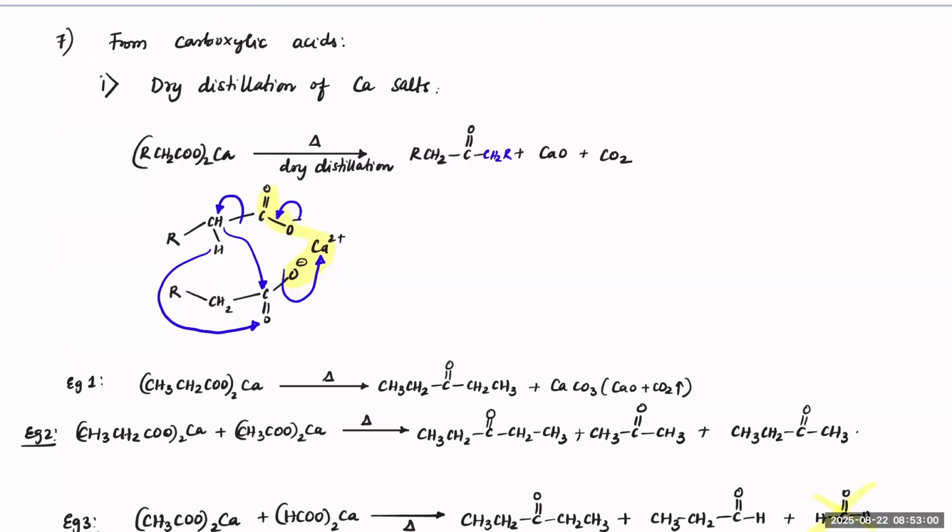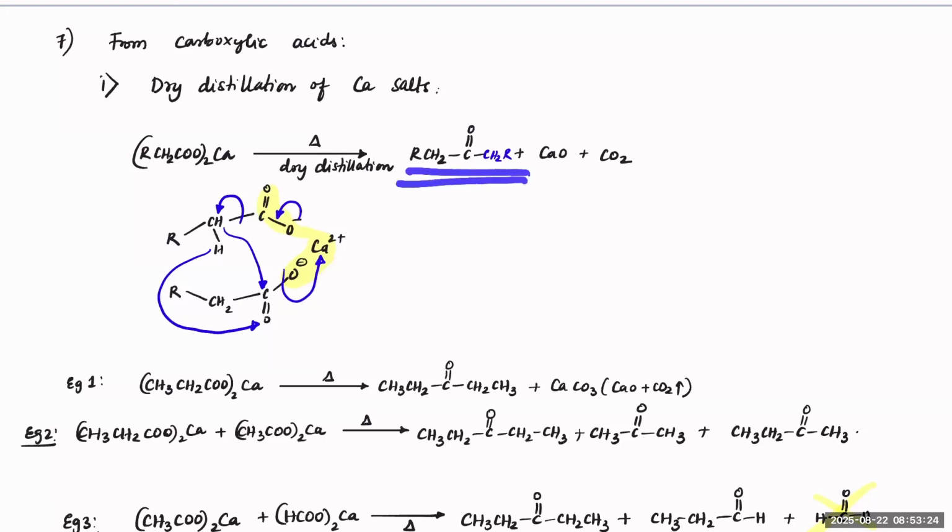So calcium carbonate is being removed. This becomes C minus. That C minus is the one which will attack the C double bond O, and this oxygen will take away H plus from here. That's how you will get an enol form, and that enol will convert into a keto form. Okay, I guess this part is clear.